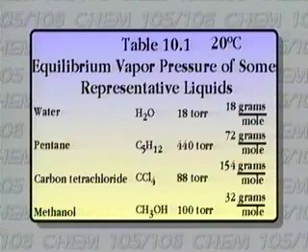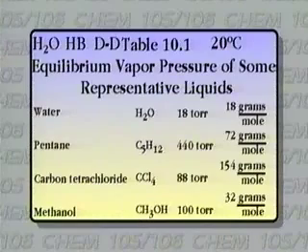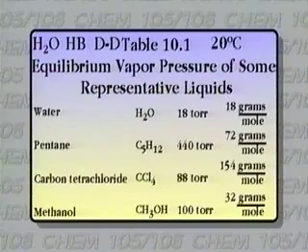Now, the reason for that is that when we look at water, remember we said that water has hydrogen bonding. So if we talk about water, we have hydrogen bonding possible. And of course, it is a polar molecule, so it also has dipole-dipole interaction, and everything has London forces.